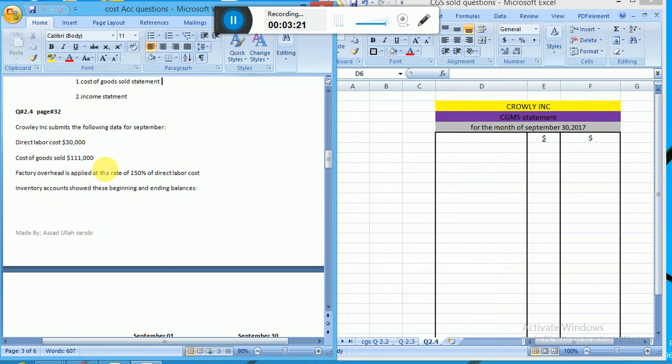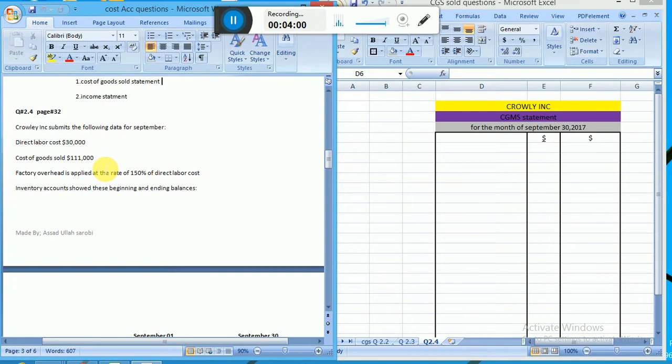For that purpose, first we will calculate the cost of goods manufactured: how much material was consumed during September, then how much finished goods we produced during September. After that, we will also find the income statement, to see whether our business is in profit or loss. To find the profit or loss of the business, we need to prepare the income statement.